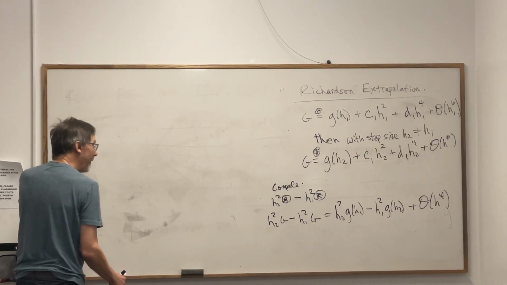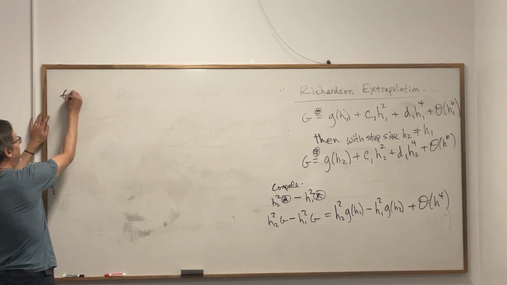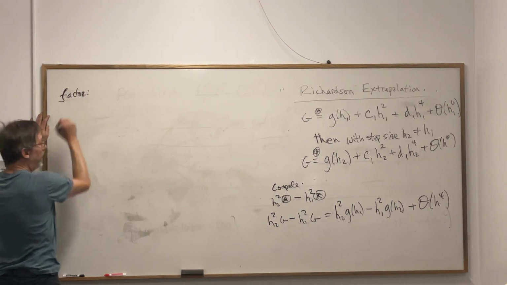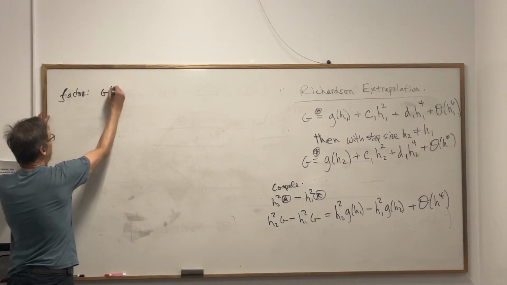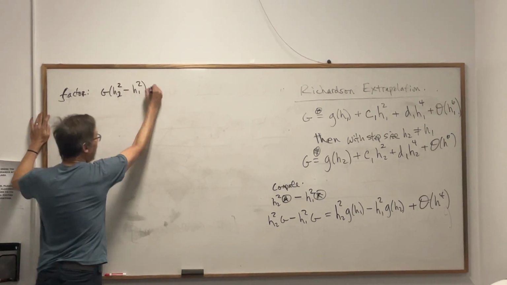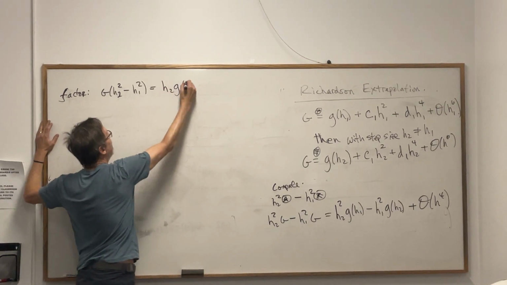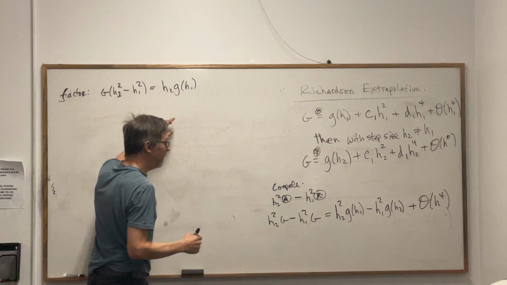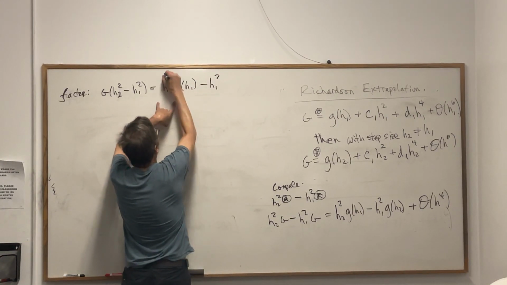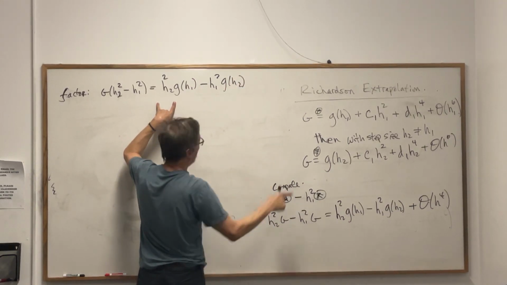So let me just write out my factor, and we're going to get G times H2 squared minus H1 squared equals H2 squared G of H1 minus H1 squared G of H2, and then we're going to have some error.